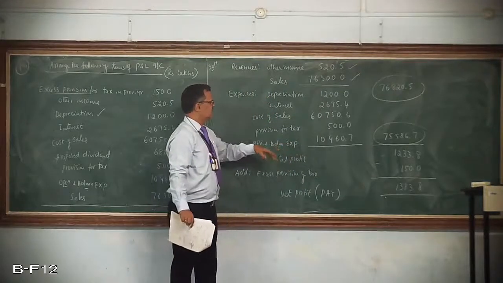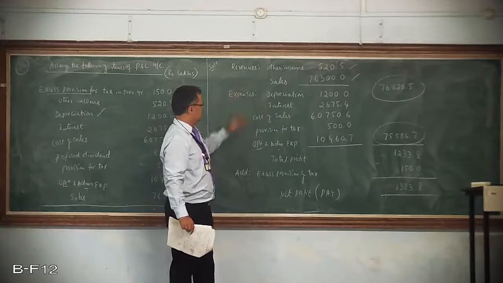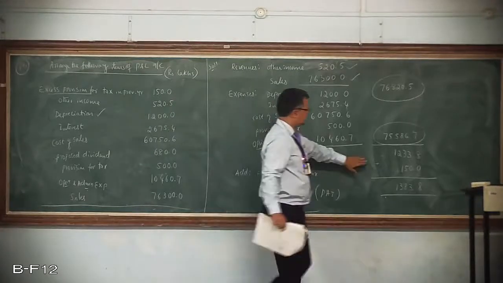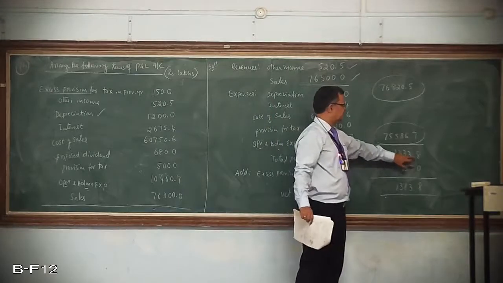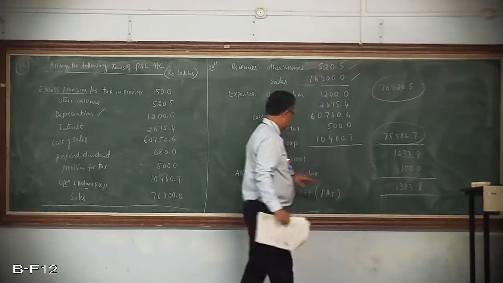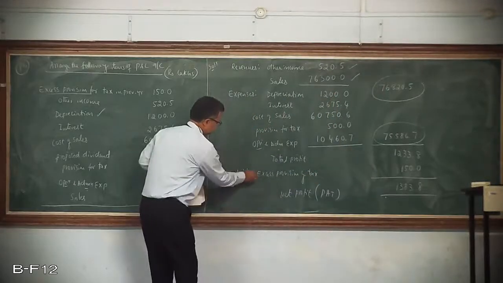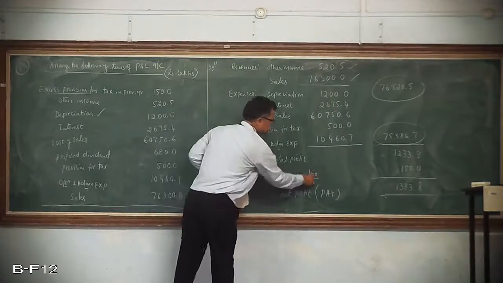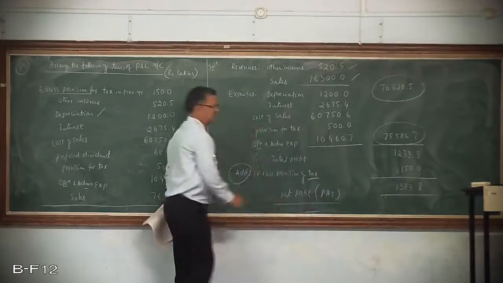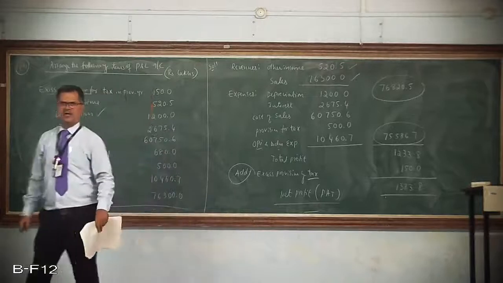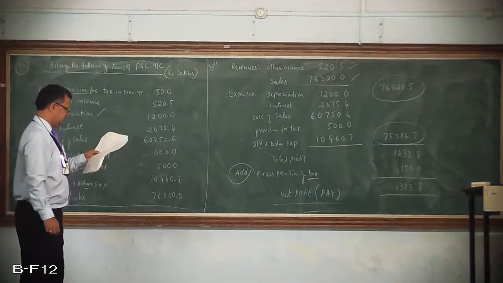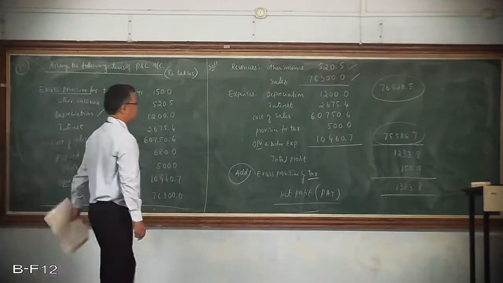Deduct that from the revenue, and you get a total profit of 1,233.8. Next, add the excess provision for tax of 150. So you are going to get the net profit, that is profit after tax, PAT, 1383.8. So this is the net profit for the company.